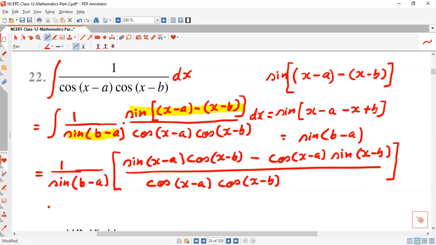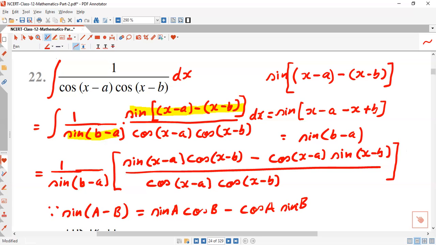What formula am I using here? The sin(a minus b) formula. I am writing the formula again for you: sin(a minus b) means sin a cos b minus cos a sin b.